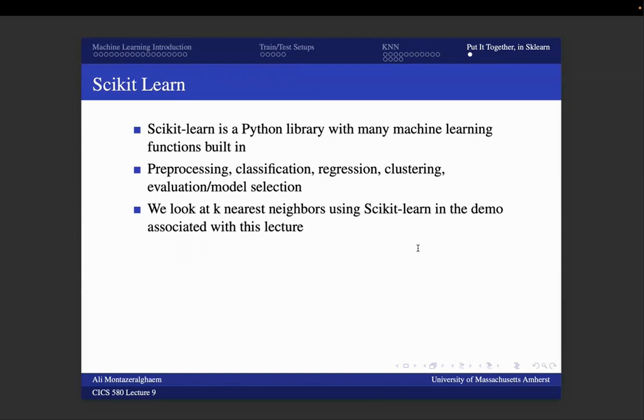For example, you can use functions for pre-processing of your data, classification, regression, clustering. In assignment 5, we looked at k-nearest neighbor using scikit-learn. We also have some examples of k-nearest neighbor in the demo session using scikit-learn. So you don't need to implement k-nearest neighbor from scratch. You just need to use scikit-learn to get the result of k-nearest neighbors.